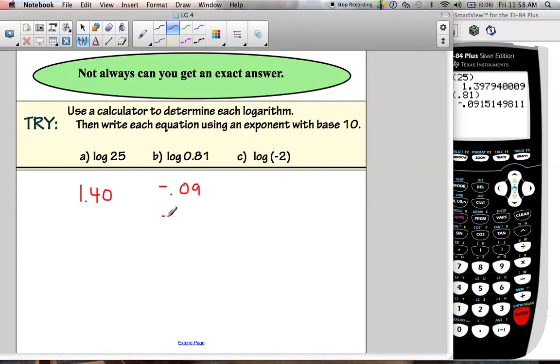A good way to write it is negative 0.09. It's probably a better way to write it.